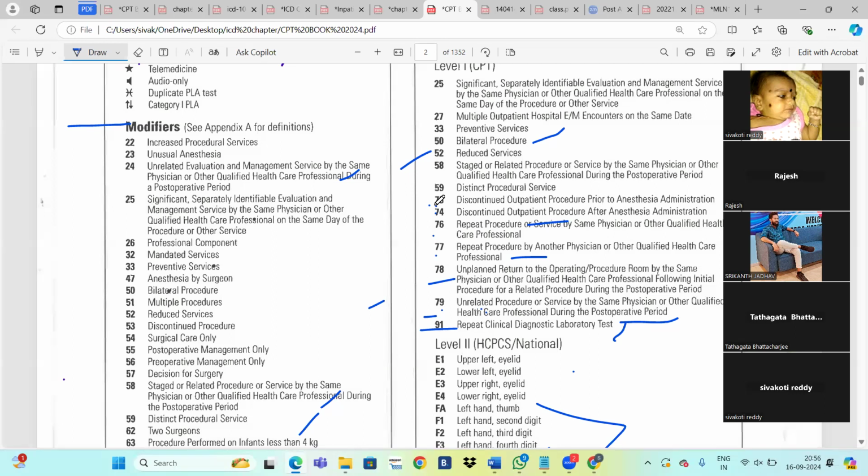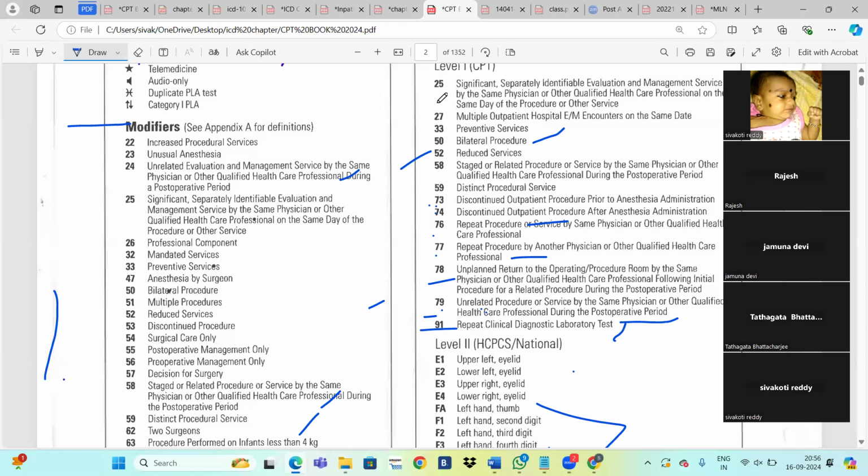Then what modifier will you add? 74. Before administration of anesthesia, 73. After administration of anesthesia, 74. Okay. Thank you.